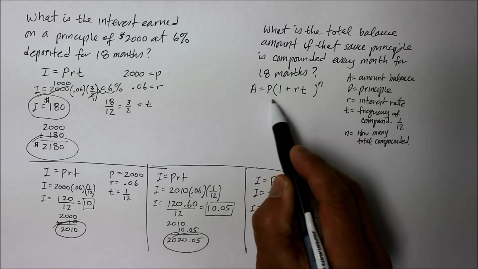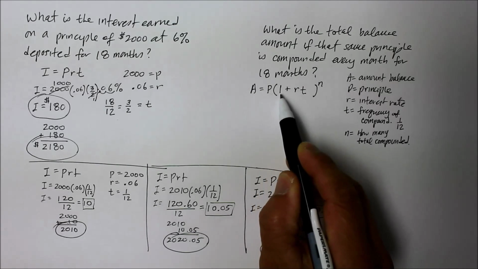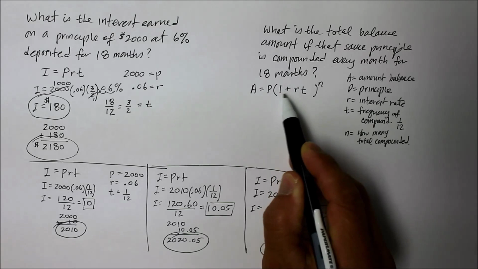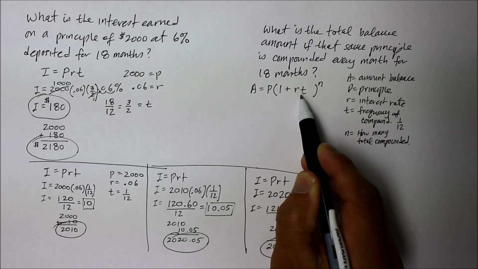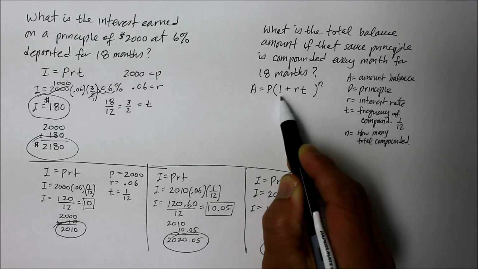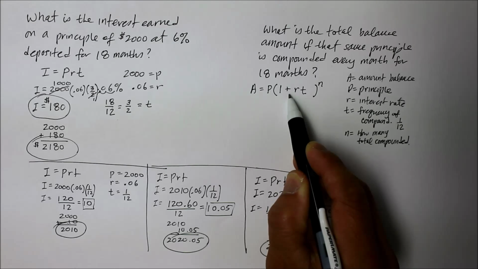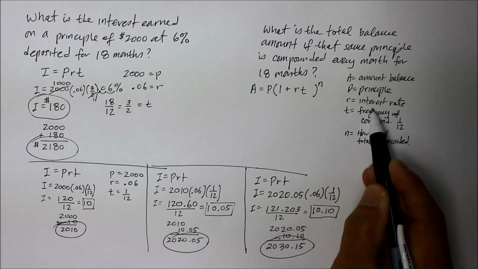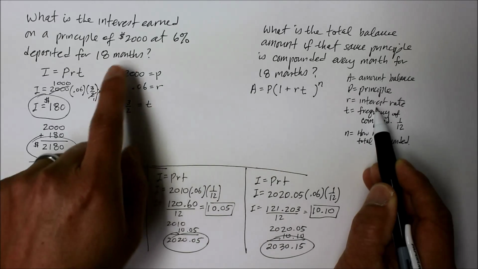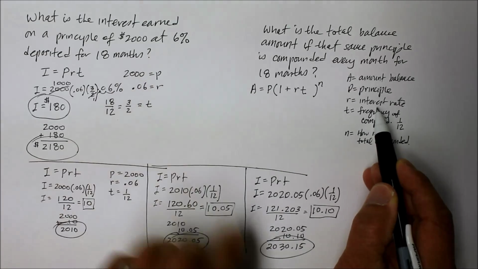Whatever money you had before, times the 1, becomes the whole amount that you're going to add to the new interest that you earn for that period. That's what that 1 is. Plus, again, the R is the same interest rate. In this case, it's going to be 0.06 in decimal form.